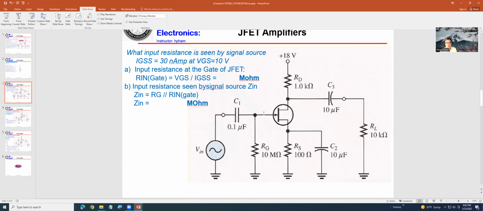So you have to do the calculation for that resistance. You're using the formula R in gate equals VGS divided by IGSS. Okay, go ahead and calculate, and tell me what you get first.